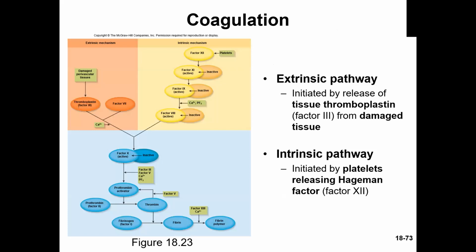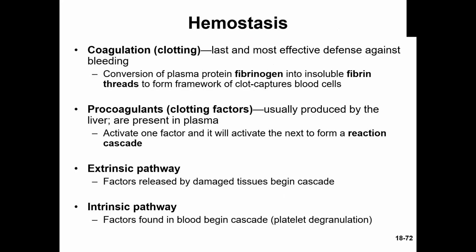So let's go through some of the language again. Within the clotting phase of hemostasis, we have procoagulants or clotting factors that are going to catalyze and initiate a cascade of coagulation in one of two ways. It can go through an extrinsic pathway, which is done via chemicals within the tissue itself, or through the intrinsic pathway of coagulation formation through the platelets.